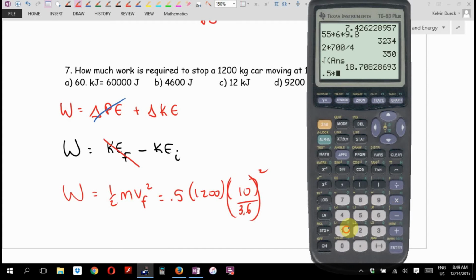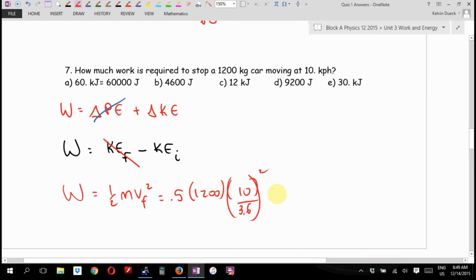A half times 1200 times bracket 10 divided by 3.6 close bracket squared. You get 4,630 joules. B.